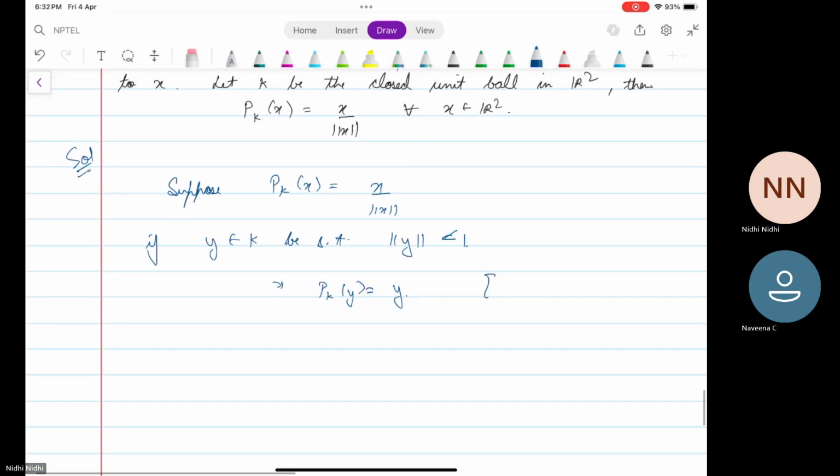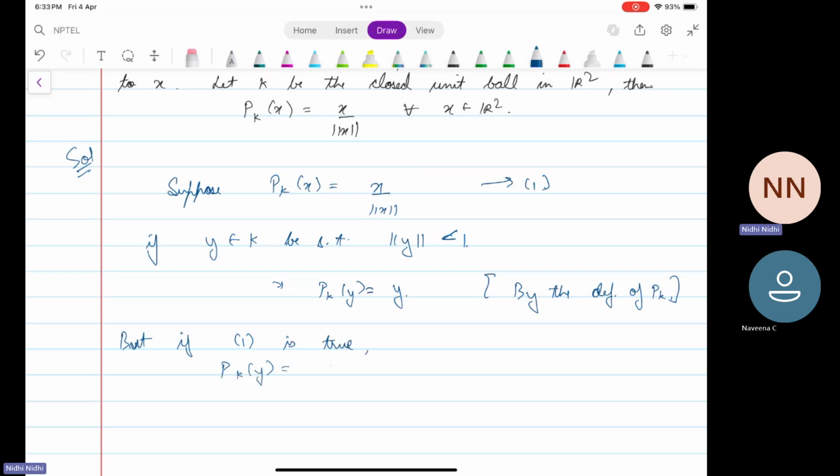This is by the definition of P K. But if the first is true, in that case, we are getting P K y is equal to y by norm y, which is strictly greater than this.